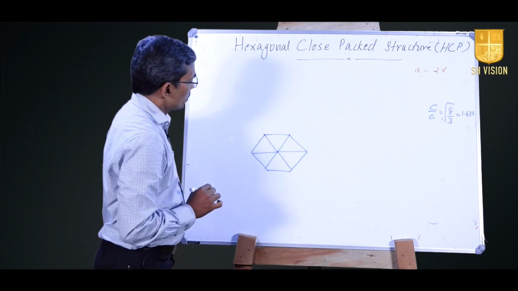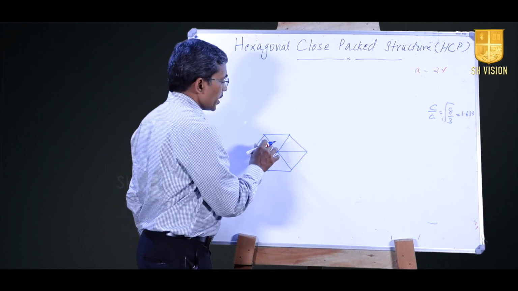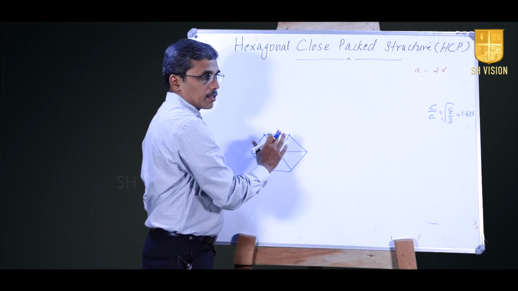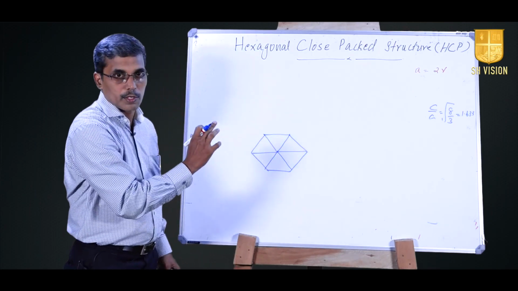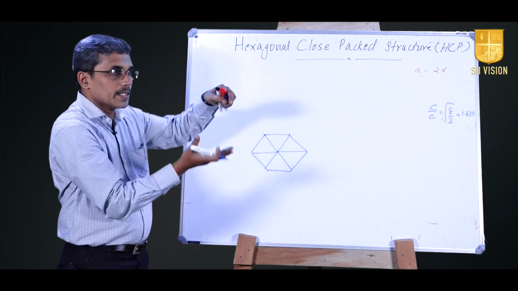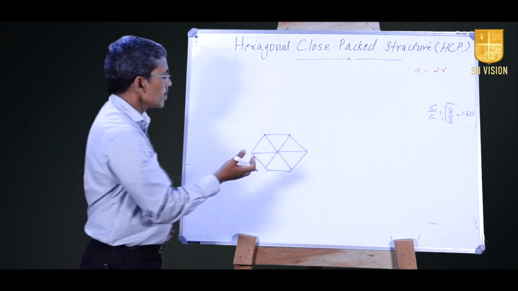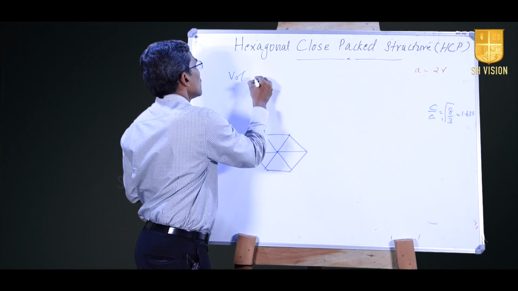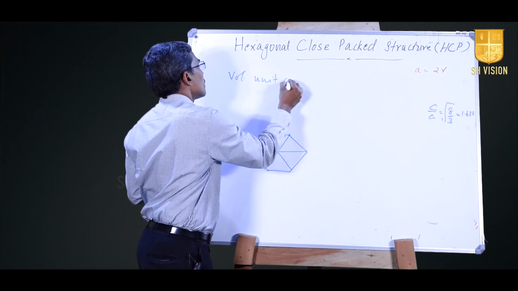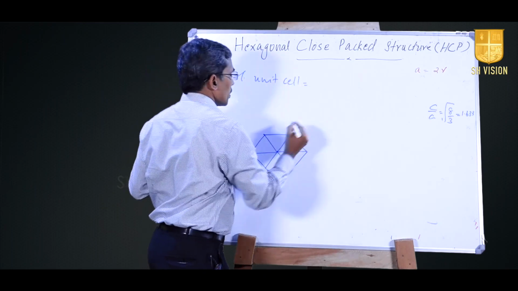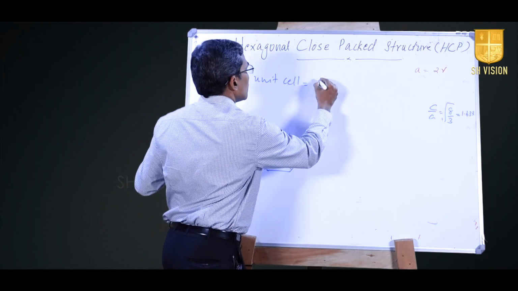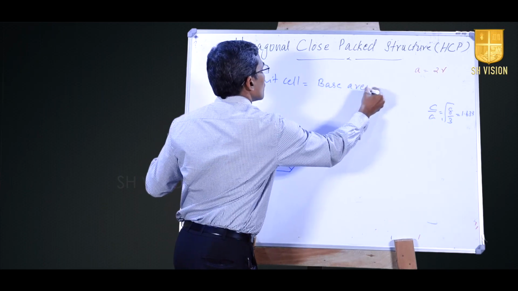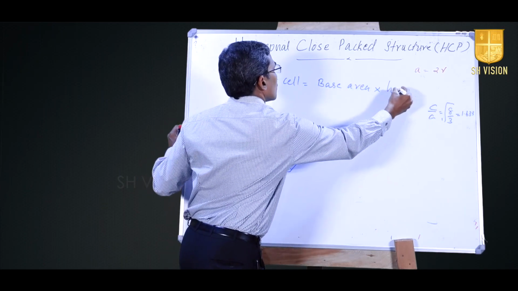So base area into height, and the height is c, because a is equal to b, not equal to c, and c is the distance between 2 A layers. Therefore, volume of this unit cell is equal to base area into height.